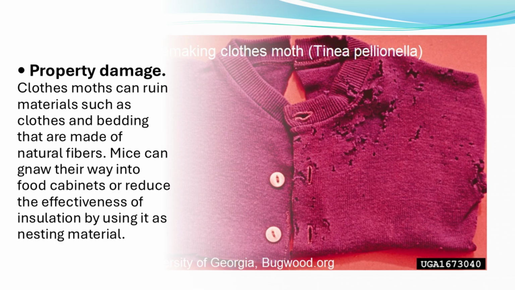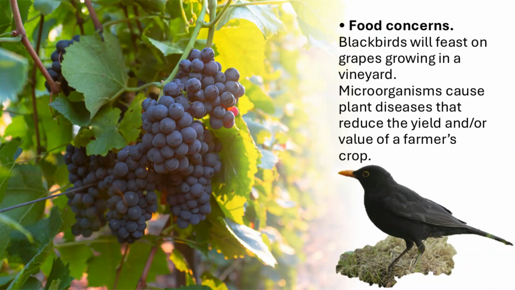Property damage. Clothes moths can ruin materials such as clothes and bedding that are made of natural fibers. Mice can gnaw their way into food cabinets or reduce the effectiveness of insulation by using it as nesting material. Food concerns. Blackbirds will feast on grapes growing in a vineyard.